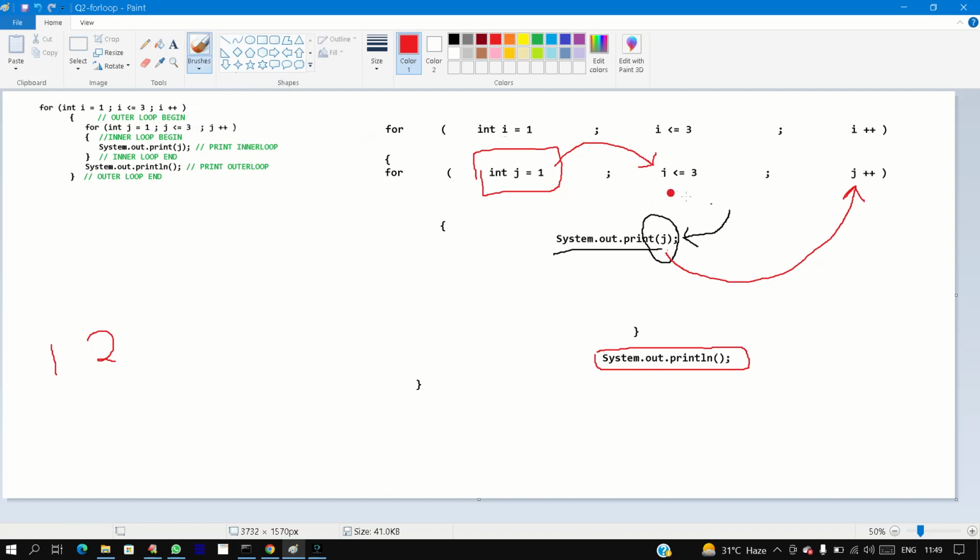Now what will happen? j was 2. After updating, j has become 3, isn't it?